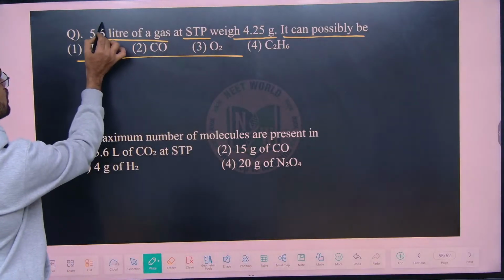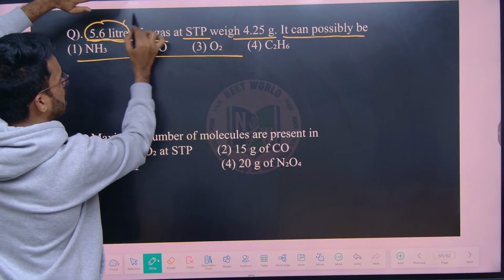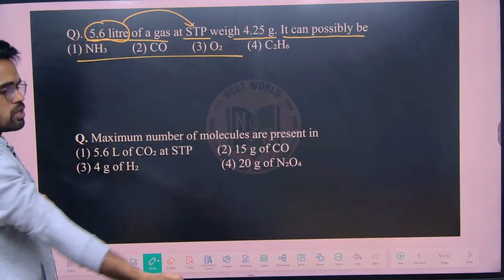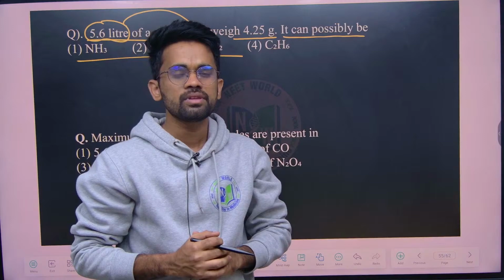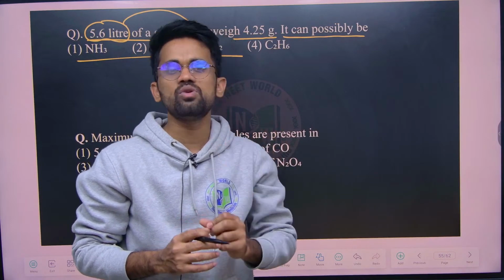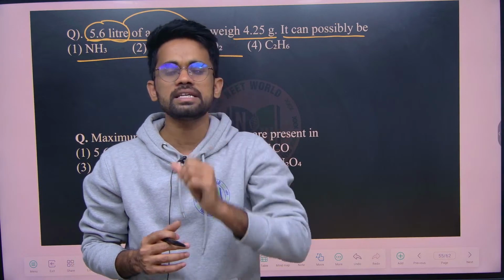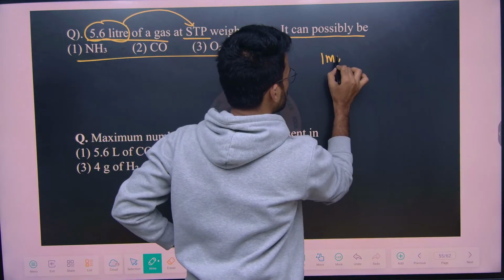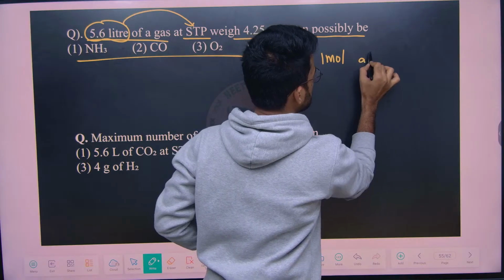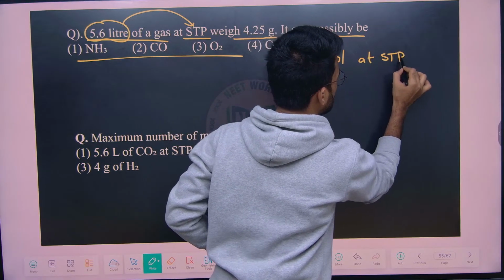Just listen here. 5.6 liters of a gas at STP. Okay, so any gas at STP, if we are taking 1 mole of quantity, then that will occupy 22.4 liters. Yesterday I have clearly discussed about this.